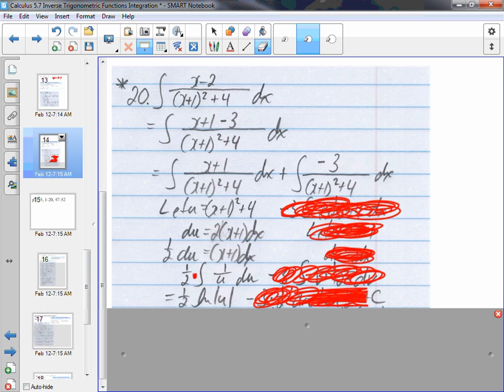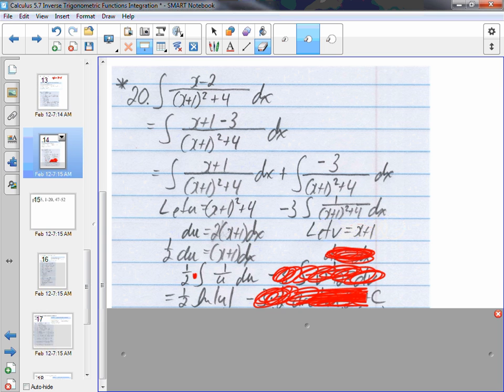All right, for the second one, if I factor that negative 3 out front, put a 1 there, does it match up with the arc tangent? So we've got the negative 3 out in front. We've got 1 over x plus 1 quantity squared plus 4 dx. What would u equal? x plus 1.